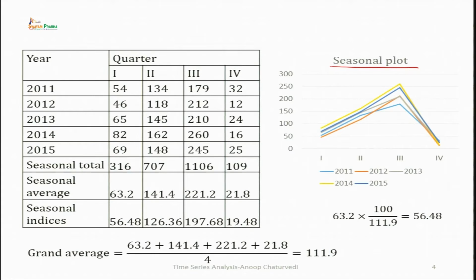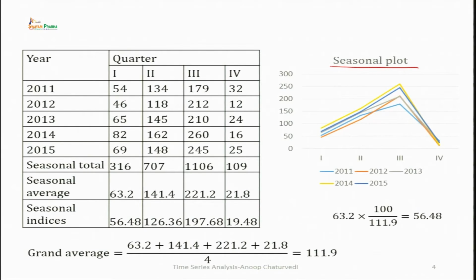Then first we obtain the seasonal totals. So, we add all these observations, and the final figure is 316. So, actually 316 is equal to 54 plus 46 plus 65 plus 82 plus 69. Similarly, you obtain seasonal totals for quarter 2, 3 and 4 also.